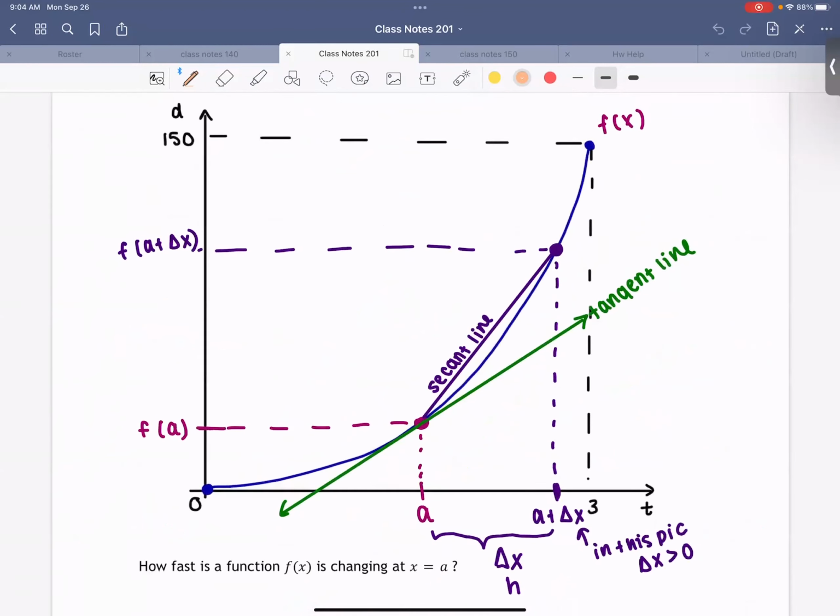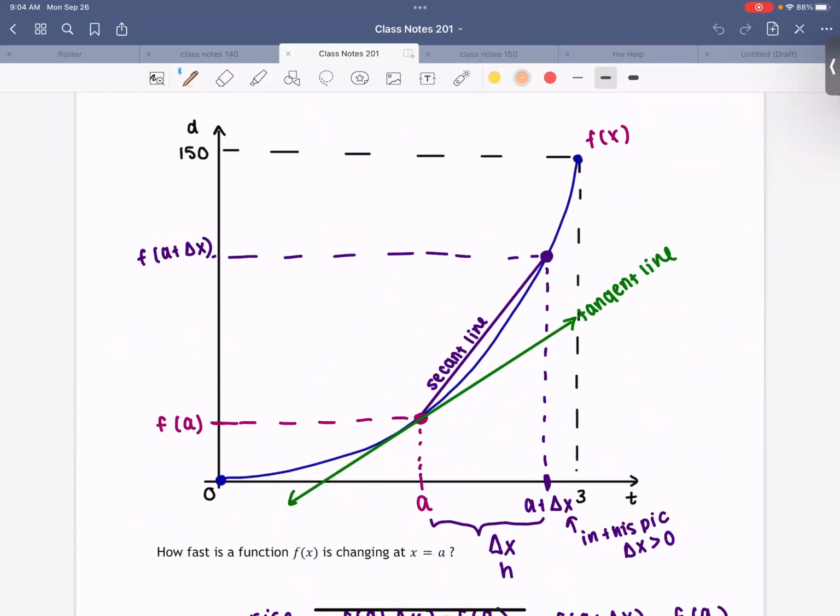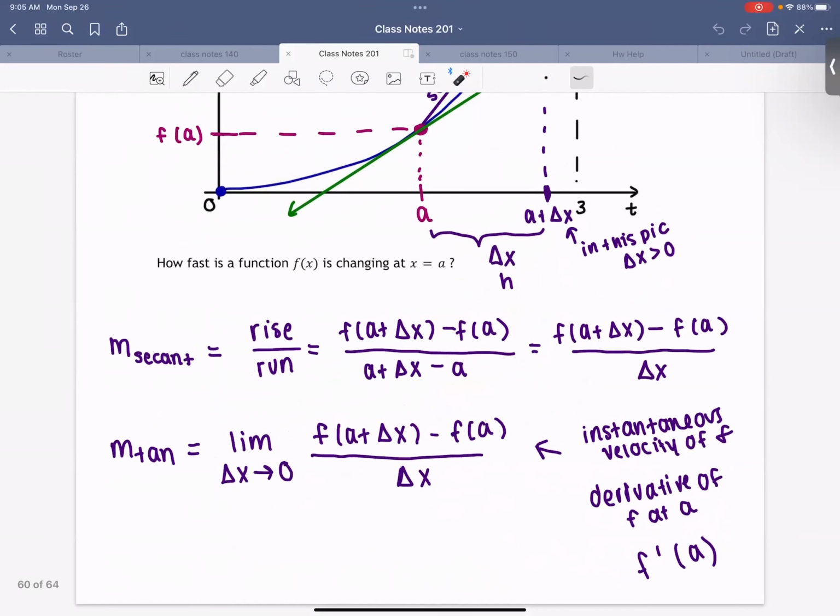So for example, if we had a curvy graph that looked like this one, and we were focusing on the point A, f of A, and we wanted to find the slope of the tangent line at A, we took the secant line and we looked at that slope, and we basically took the limit of the slope of the secant line as it got closer and closer and closer to A. The slope of the secant line turned into this crazy thing, and the slope of the tangent line turned into this crazy thing.